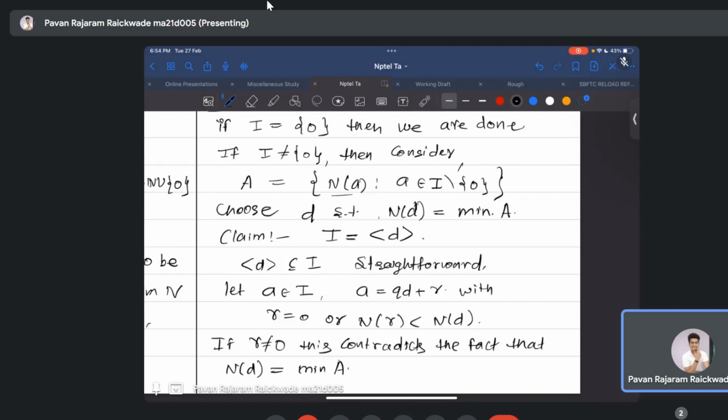Since R is non-zero, this is not possible. Hence R has to be 0.